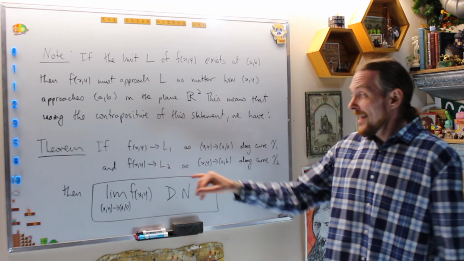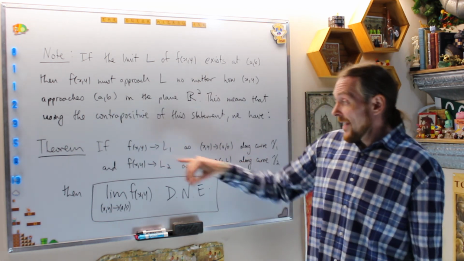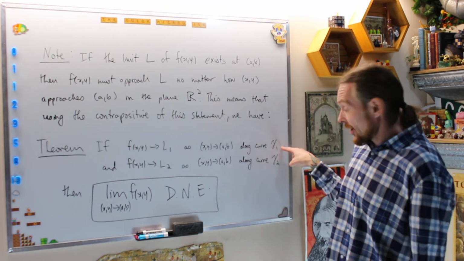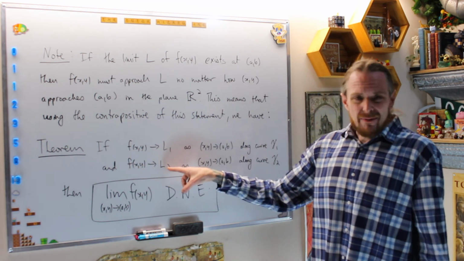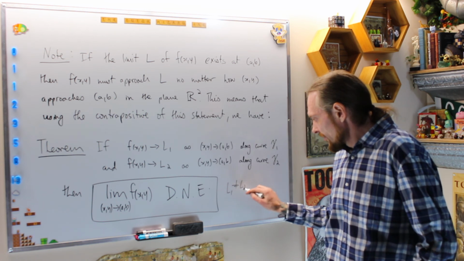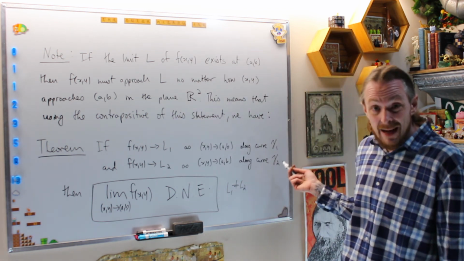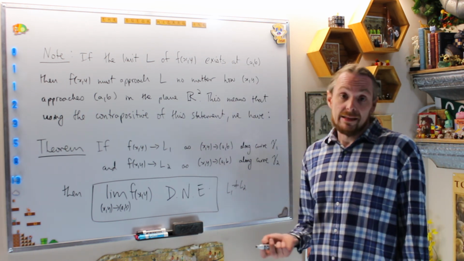If f(x, y) is a function of two variables and it approaches L1 as (x, y) approaches (a, b) along a curve gamma 1, and f(x, y) approaches some other value L2, where L1 is definitely not equal to L2, along another curve gamma 2, then this limit does not exist.